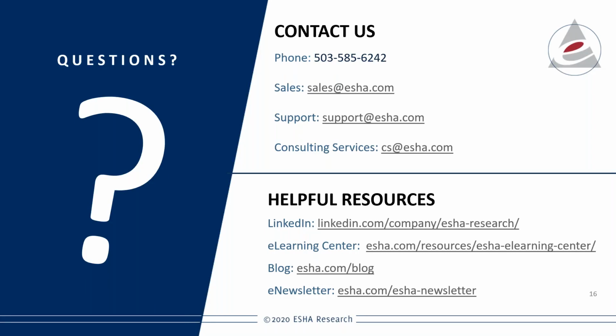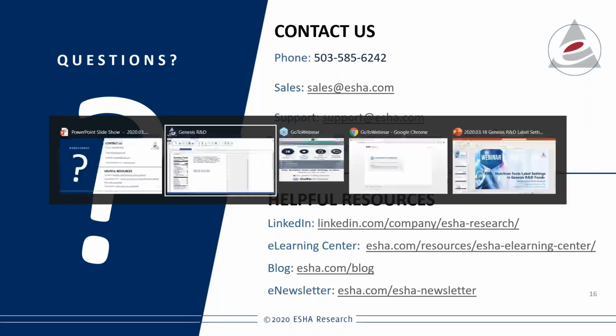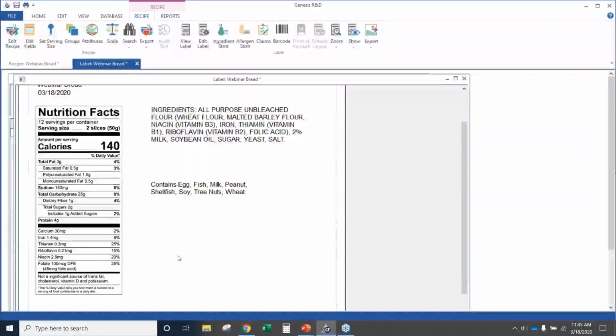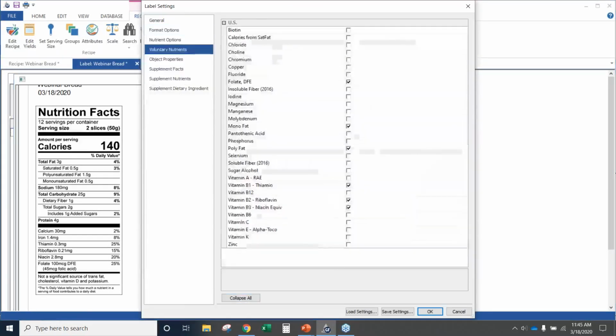Thanks. Excellent. Question 3. So I entered niacin to report on my label, but it's not showing up. That has been happening, especially with the 2016 label. And again, this is where, let me jump back into Genesis, and I just want to show you quickly. So again, we have those voluntary nutrients, and they must be reported in certain units.